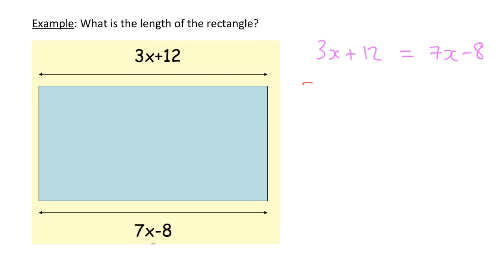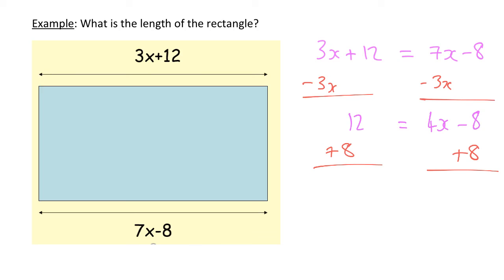And to do that, we take away 3x from both sides. And whenever we do that, we get 12 is equal to 4x take away 8. Now we need to get rid of the minus 8, so we add 8 to both sides, and we get 20 is equal to 4x, and dividing through by 4 we get 5 equals x.